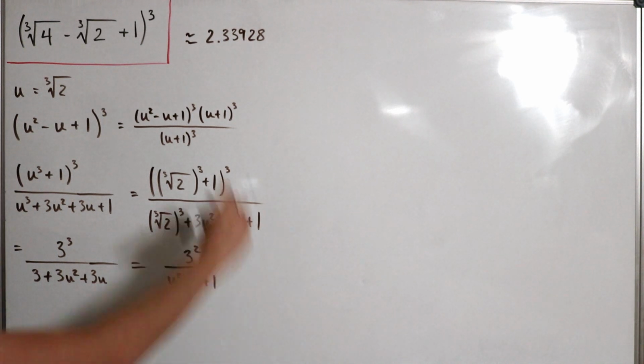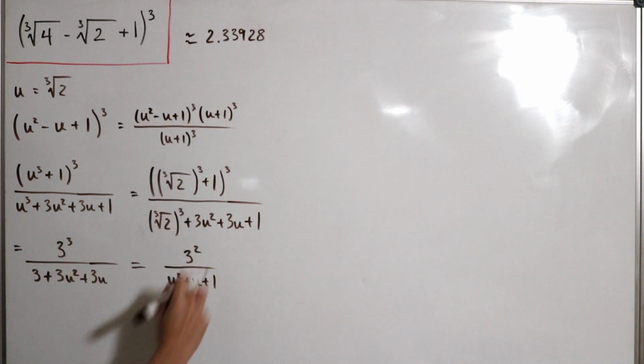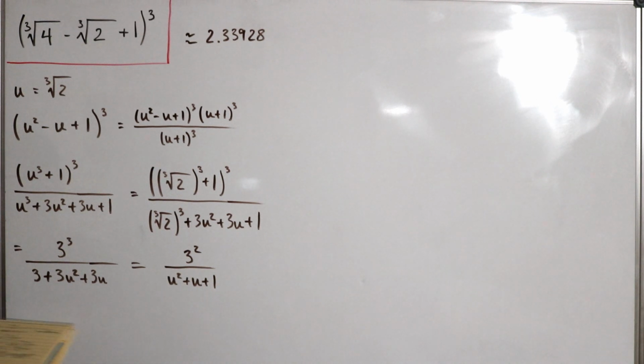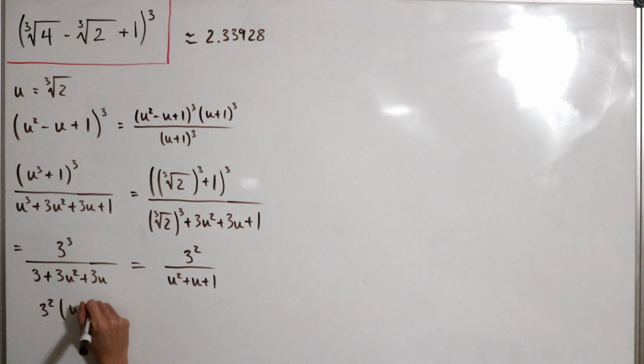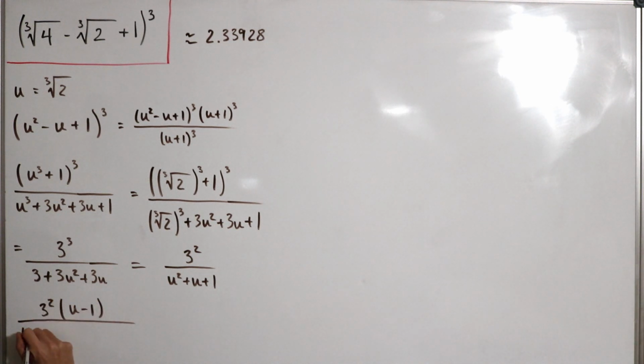Do it again, the same thing, like the method before, where we can multiply and divide just to get a 1. It'll still preserve the equality. Here, what I can do is multiply the top and bottom by u minus 1. So we have 3 squared times u minus 1, over u squared plus u plus 1, multiplied by u subtract 1.